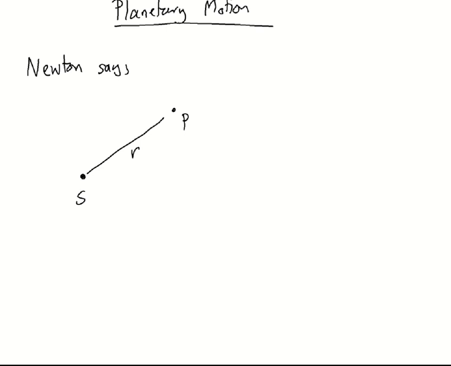We know that Newton says that the force is given by the universal gravitational constant times the mass of the sun, M, and the mass of the planet, little m, over r squared.